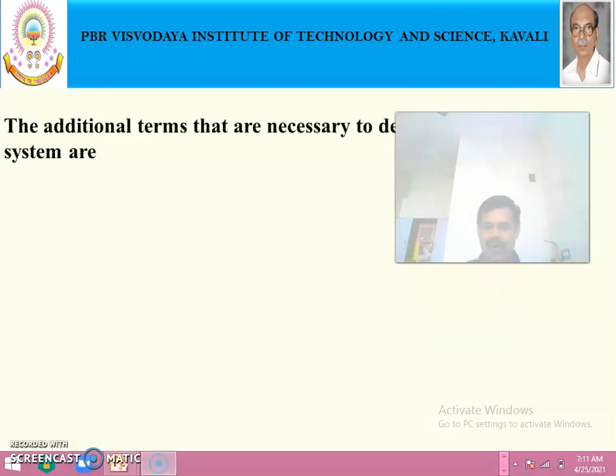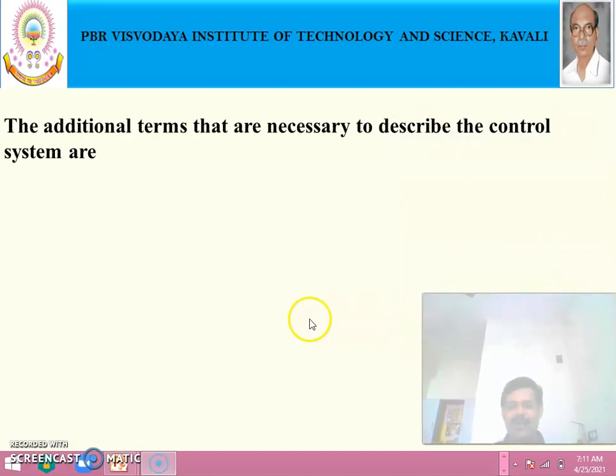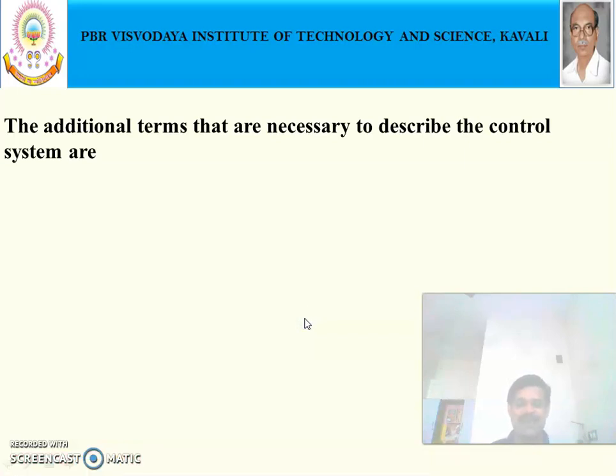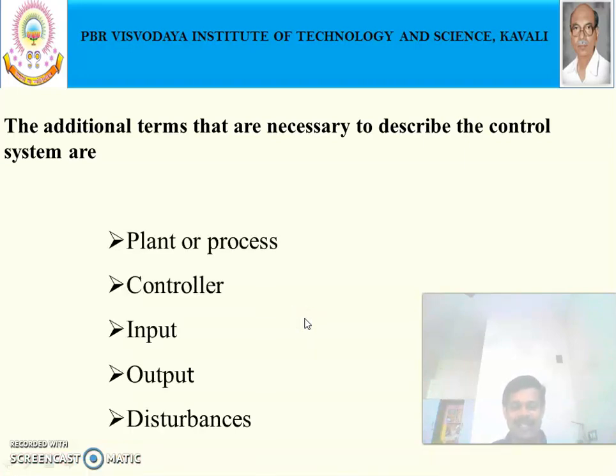Now we are going to see what are the additional terms that are necessary to describe the control system. The first one is plant or process, second one is controller, third one is input, fourth one output, and fifth one disturbance.